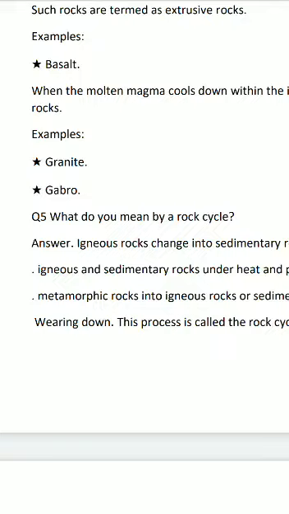The next point, metamorphic rocks melt down under great heat and pressure and thus form the molten magma. This molten magma comes on the earth to form igneous rocks, then sedimentary rocks, and again metamorphic rocks. And in this way, this rock cycle continues. So this is rock cycle.